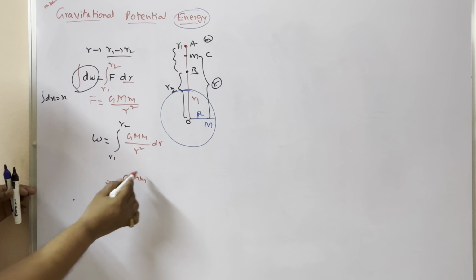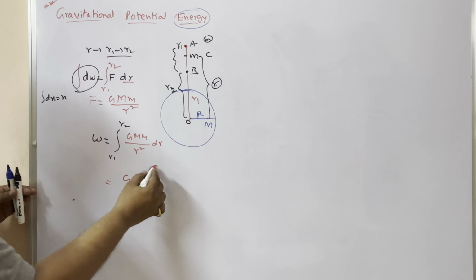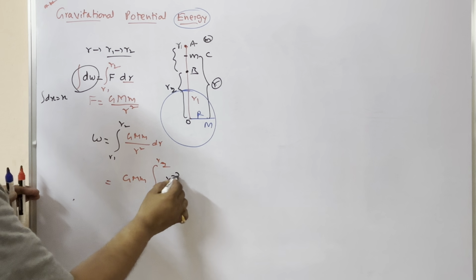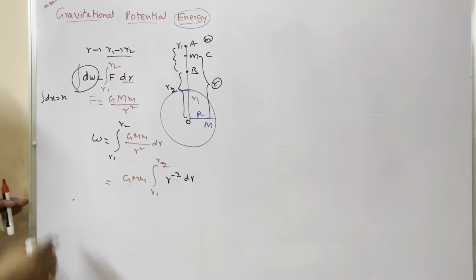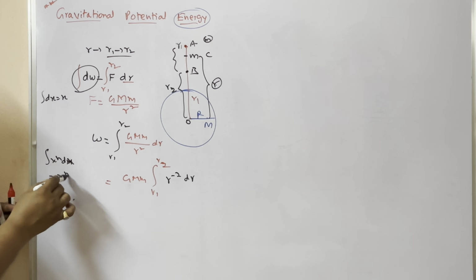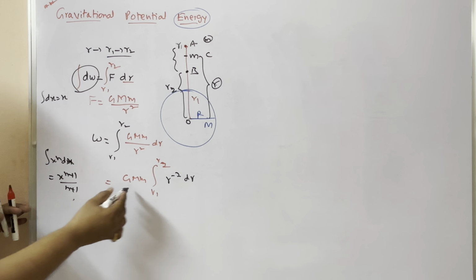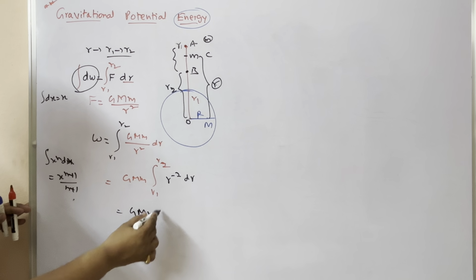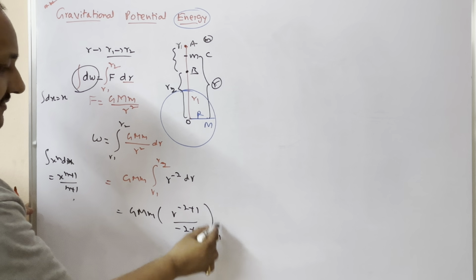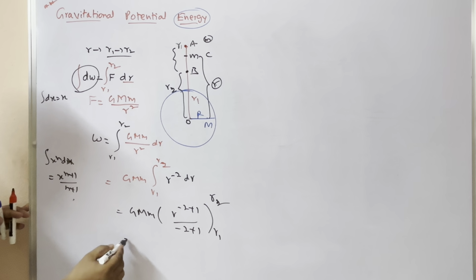GMm is constant, so write it outside. Integral r1 to r2, r power minus 2 dr. What is integral x power n dx, we said? x power n plus 1 by n plus 1. Therefore, GMm, r power minus 2 plus 1 by minus 2 plus 1, between the limits r1 to r2.